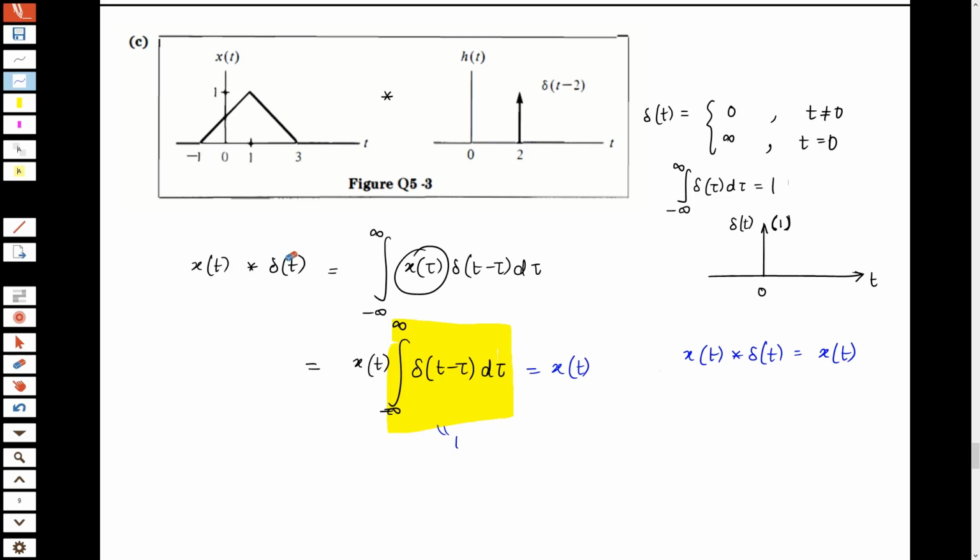Now what would have happened if this was not delta(t), this was delta(t minus T), capital T? You would have written the same thing, right?